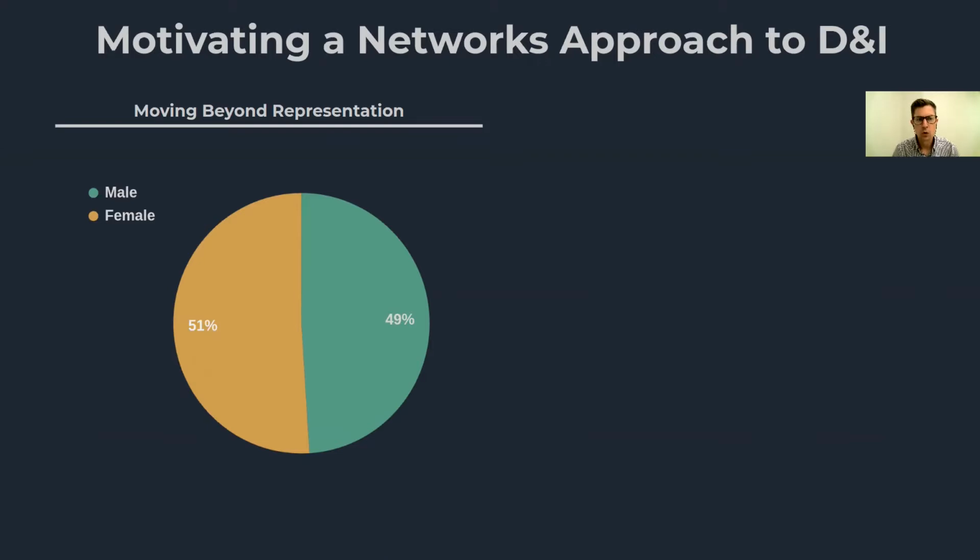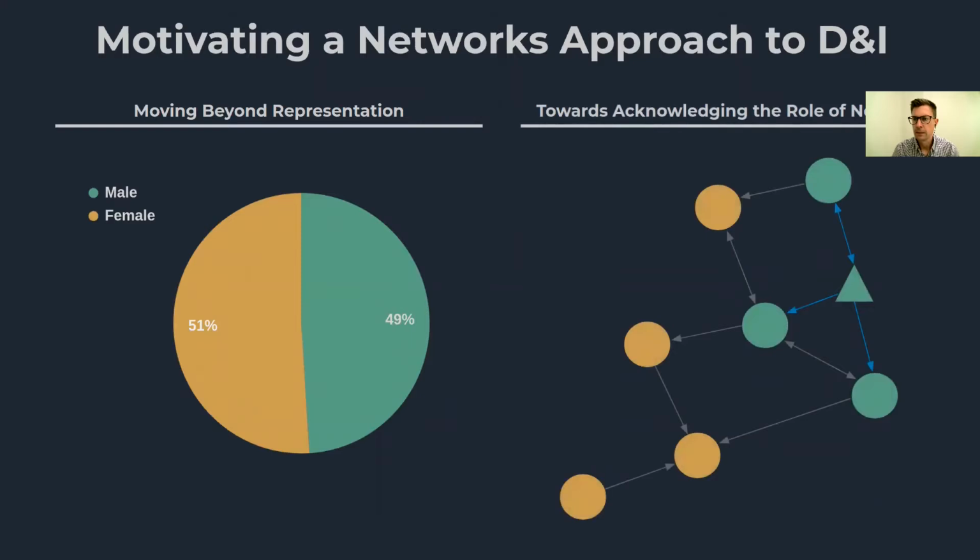We want to think about moving beyond representation, right? So are we 50% male, 50% female, towards more of the inclusion side of diversity and inclusion, which is most relevant in the context of networks. Here we have a simplified network diagram just to illustrate the point, where it is 50% male, 50% female, 4 males, 4 females, because the males are green and the females are orange.